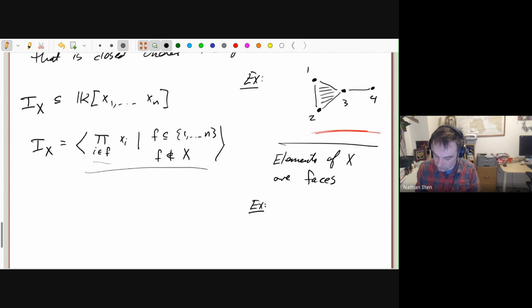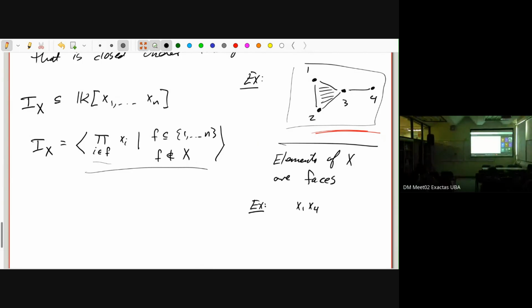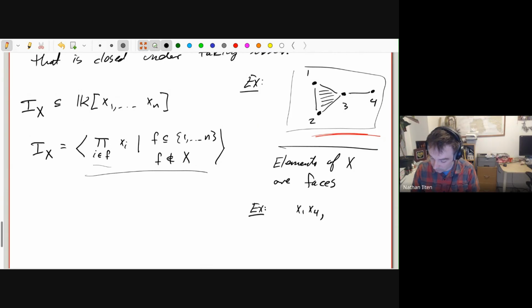OK, so starting with the first example that I have here, what do I get? I'll notice that, say, 1, 4 is a non-face. So I get x1, x4. Likewise, I get x2, x4. And this is it.